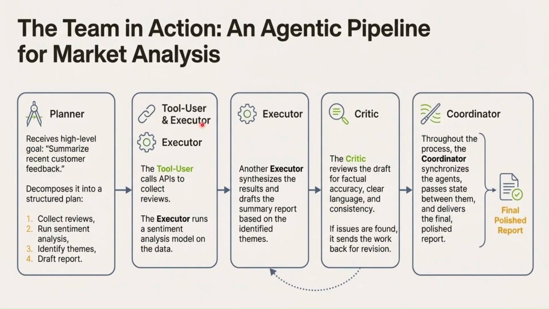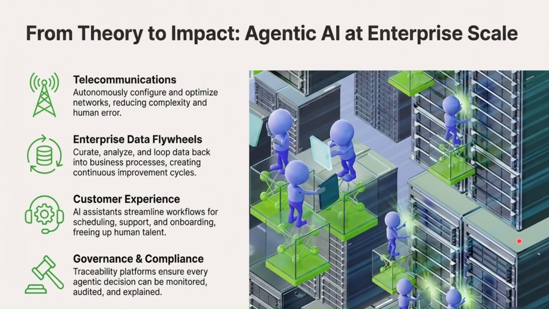Then the tool user and executor are going to help us perform the job given by the planner. The critic or verifier is going to check whether, against what we planned, we are aligned to the goal or deviating. It will keep sending the feedback, then the executor picks up the feedback, and this process goes on. Once we have the result, the coordinator is going to publish the final report.